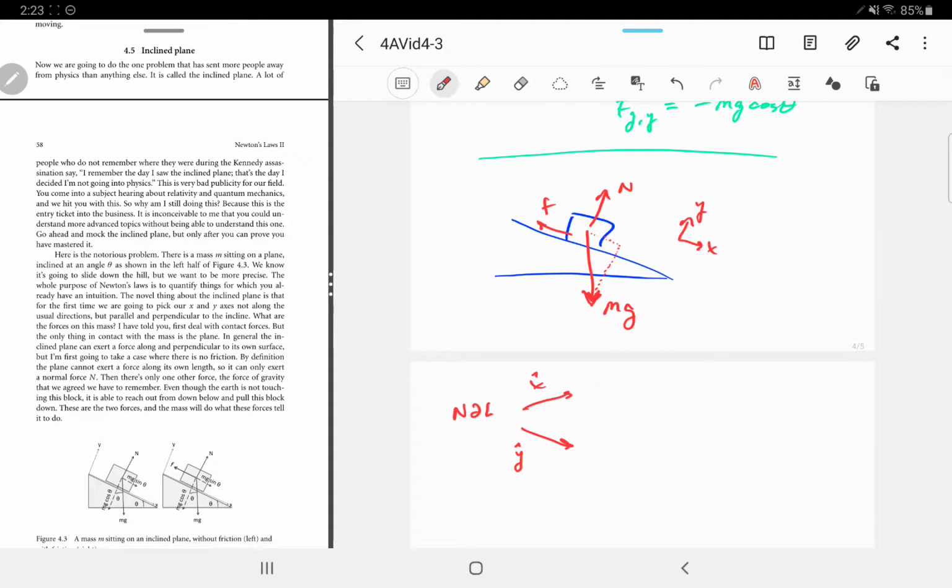The x direction says that mg sine theta, the x component of the gravitational force, which is positive, minus the frictional force is equal to m a_x. And the y direction says that N, which is totally in the positive y direction, minus mg cosine theta is equal to m a_y.